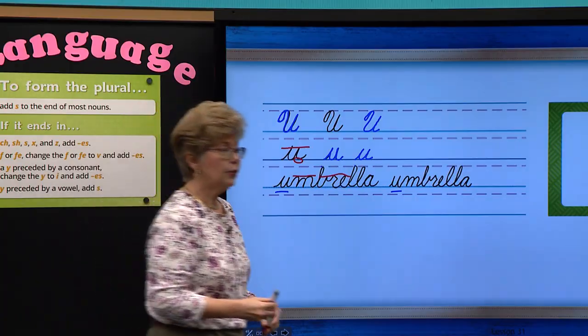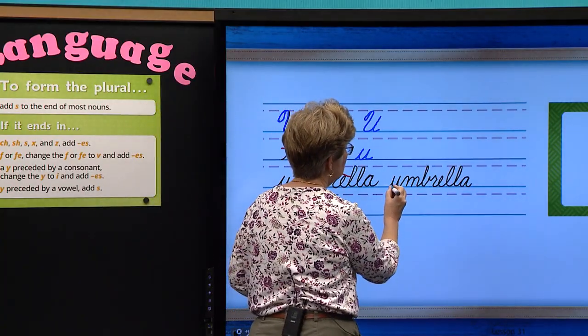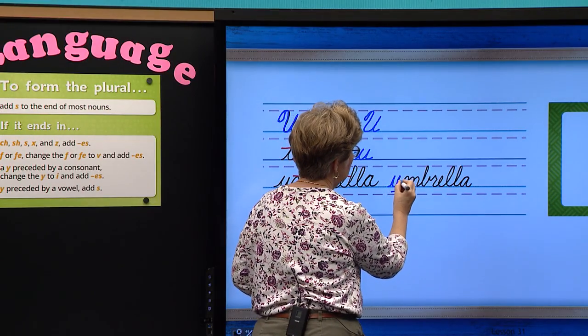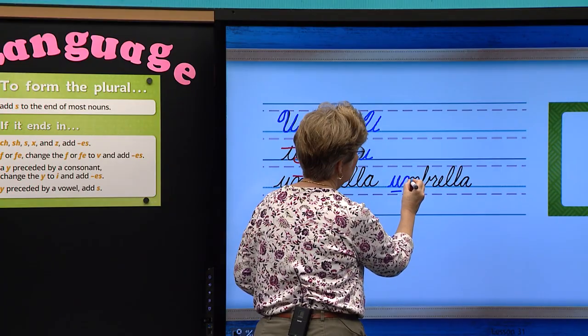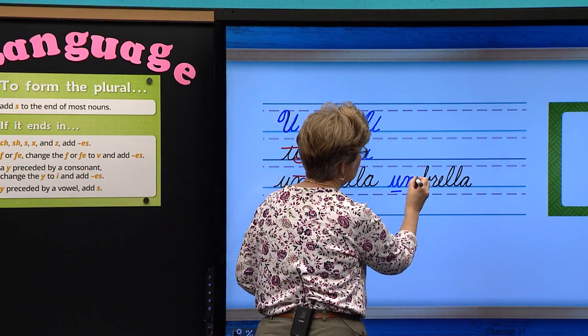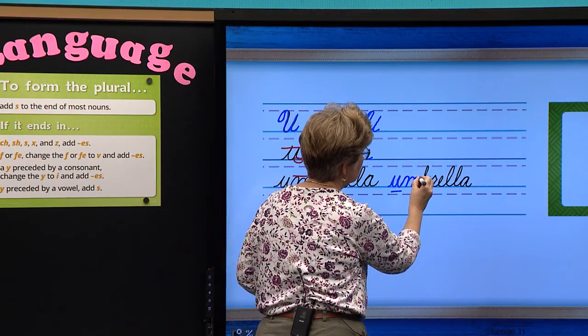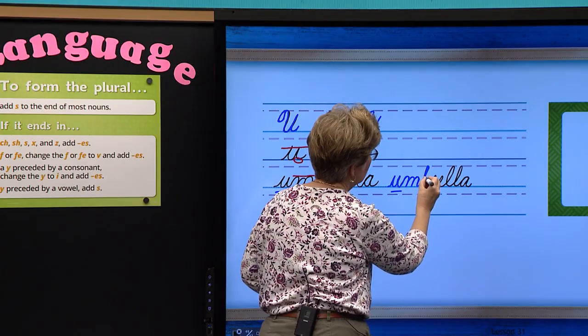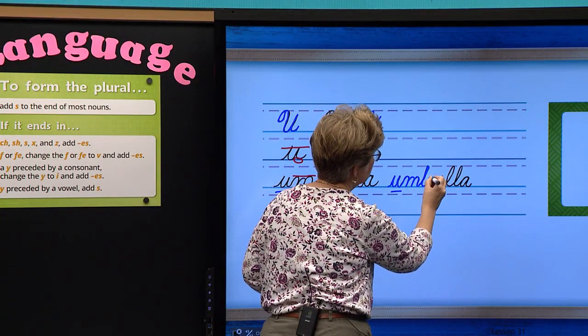As we put our letters together here, we're going to start carefully at the baseline, coming up, there's our U. Then we're going into the M, and we're striving for consistent size and spacing. The B here would be even better if it had a little bit more slant to it.